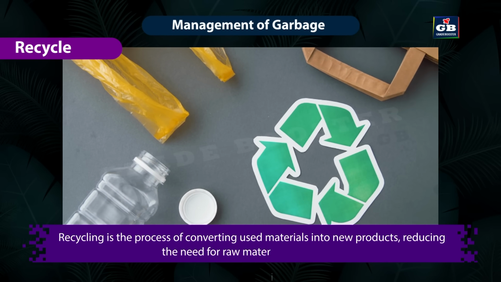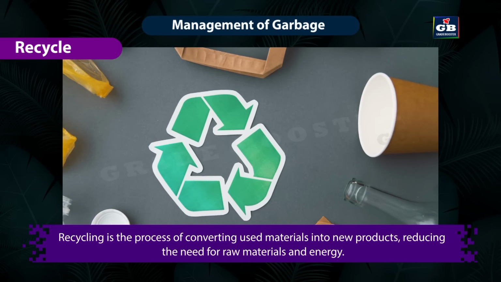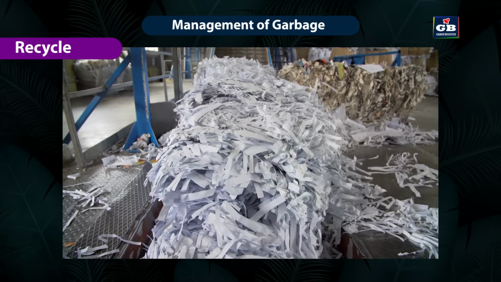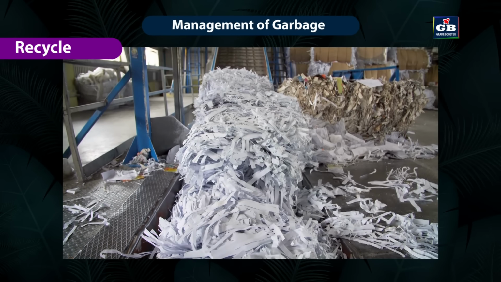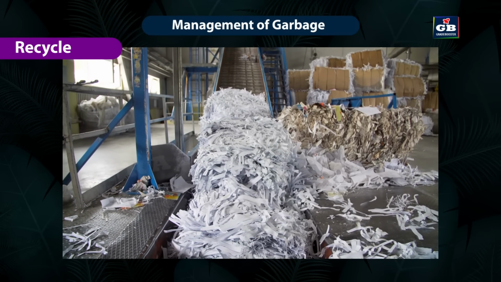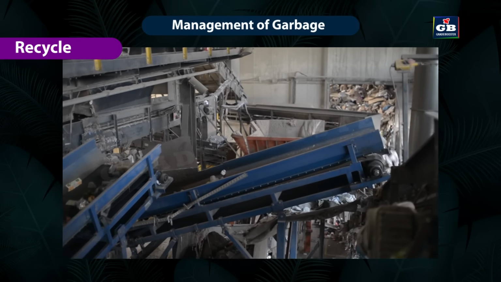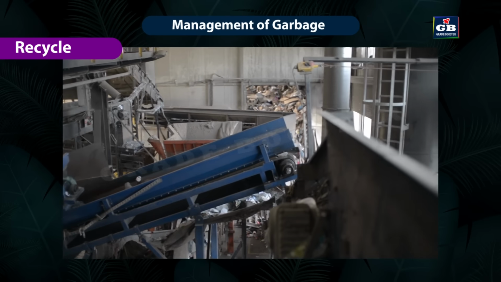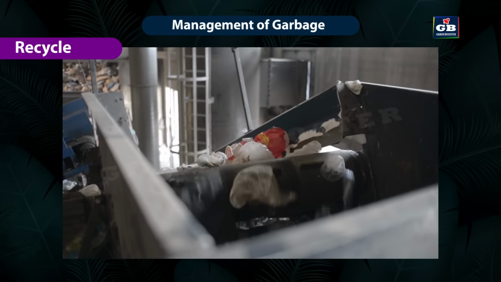Recycling is the process of converting used materials into new products, reducing the need for raw materials and energy. Example, paper recycling. We can recycle paper products like newspapers, cardboard, and office paper to reduce the demand for fresh paper pulp. In the same way, plastic recycling. Many types of plastics can be recycled to produce new plastic products, reducing the reliance on virgin plastic production.